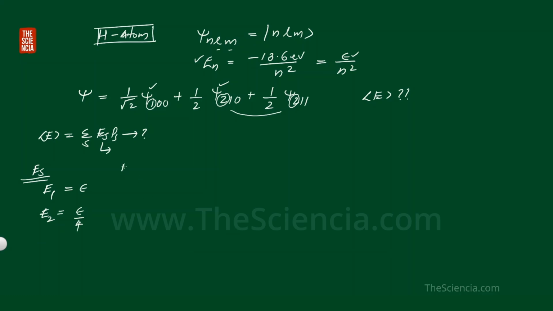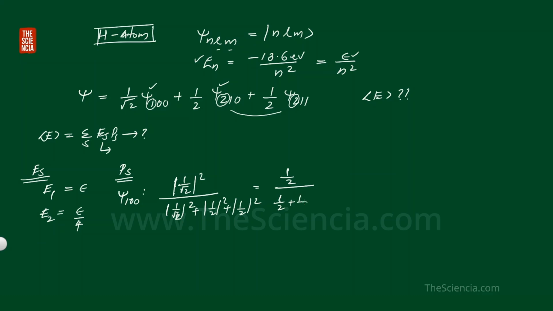Now we have to evaluate Ps. For the state psi 100, the probability is modulus of 1 by root 2 square divided by modulus of 1 by root 2 square plus 1 by 2 square plus 1 by 2 square. That is, you will get 1 by 2 divided by 1 by 2 plus 1 by 4 plus 1 by 4, which is 1. So that is 1 by 2.